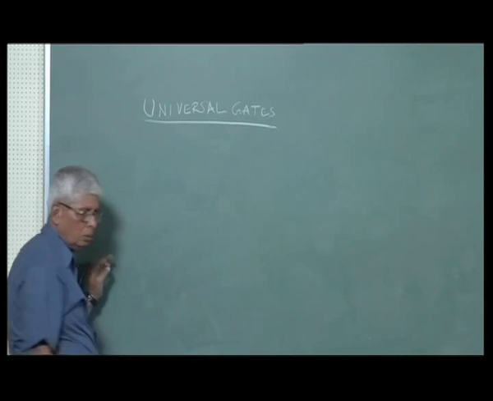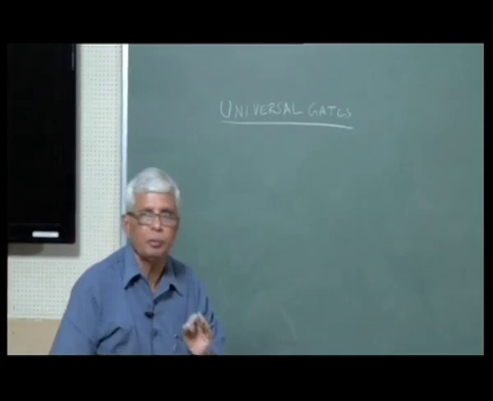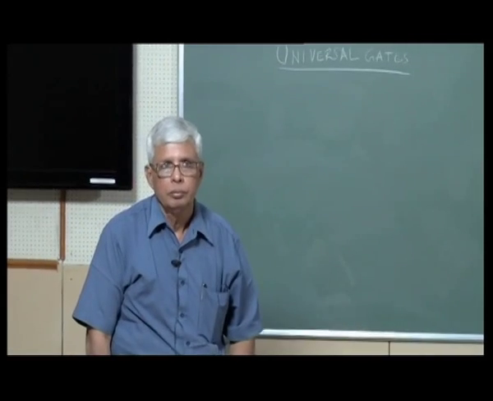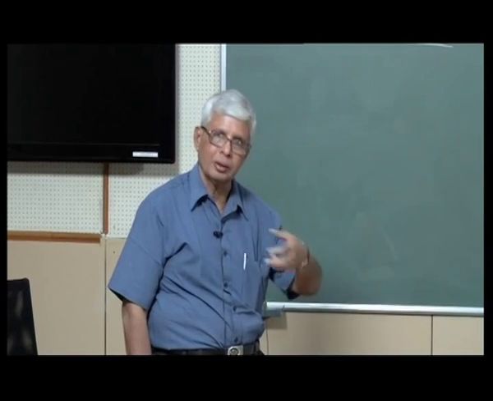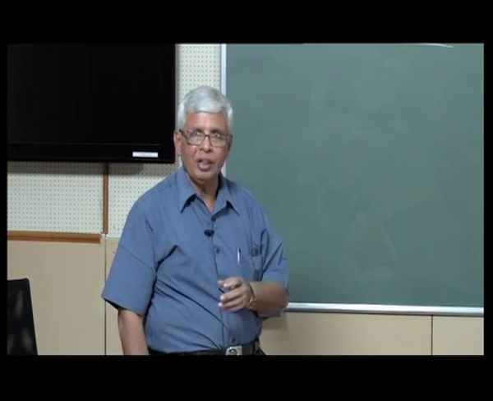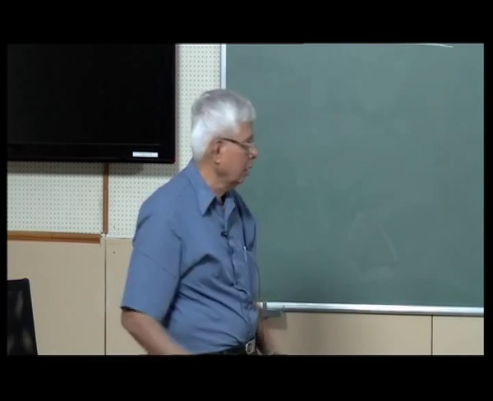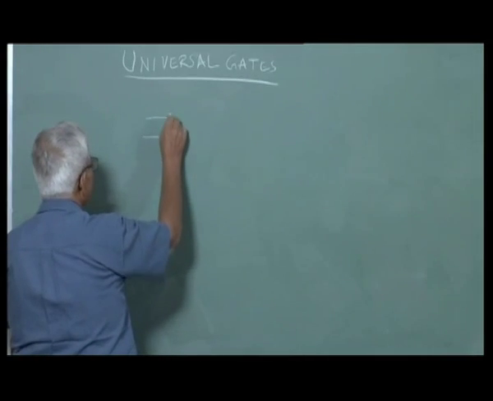I told you all the digital functions can be represented in terms of AND, OR and invert. NAND and NOR are not required, but then we have to do extra work to get them. But we can make it even simpler by defining what are known as universal gates. NAND is one of the universal gates.